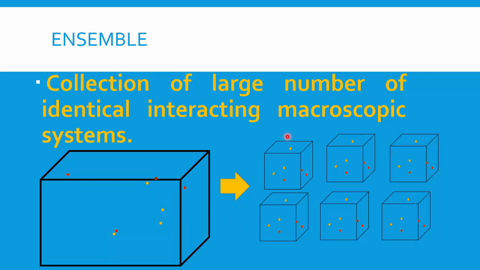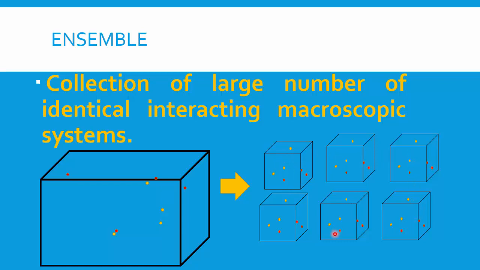Every snapshot of the system gives you information about the state or position of the particles, but the macroscopic system remains unchanged.